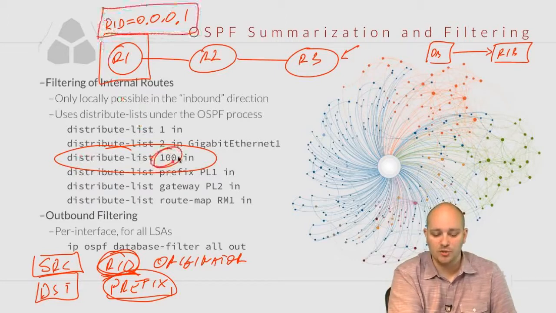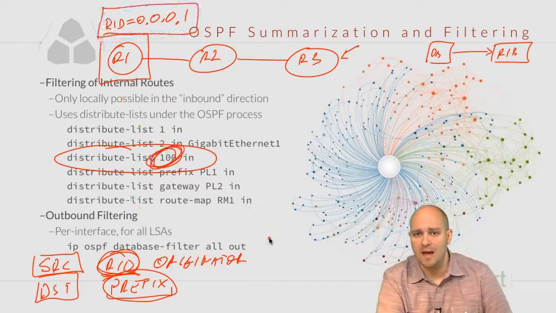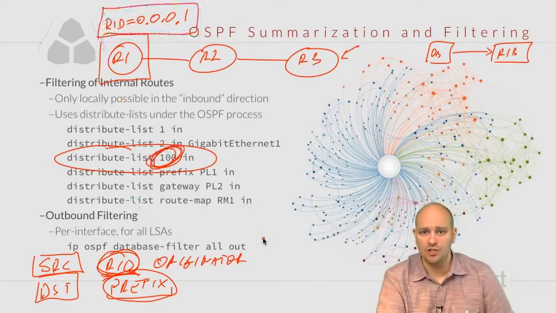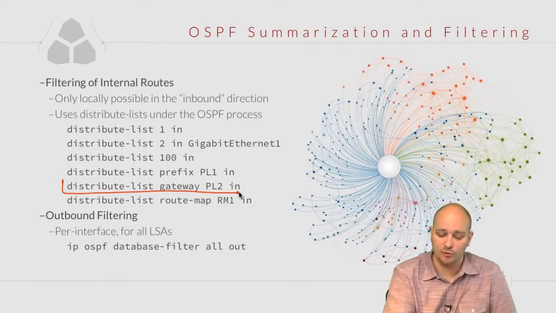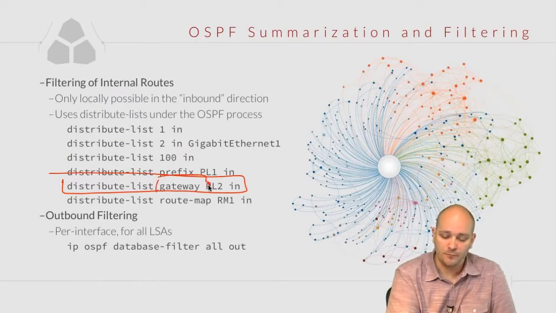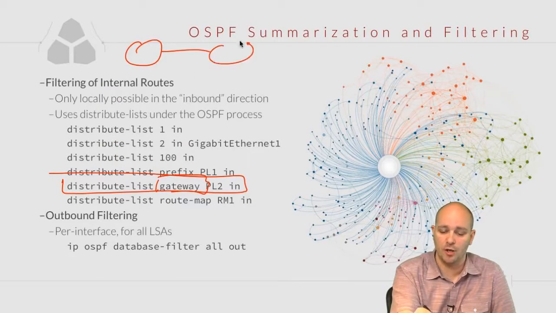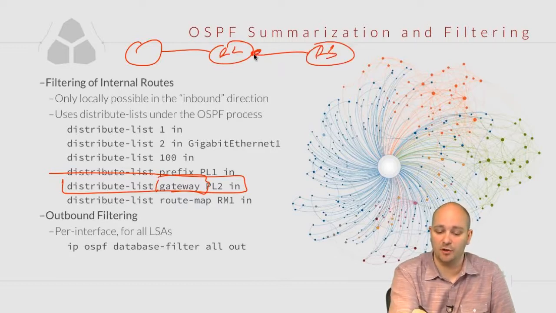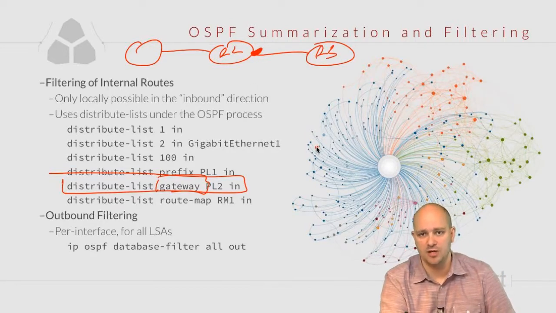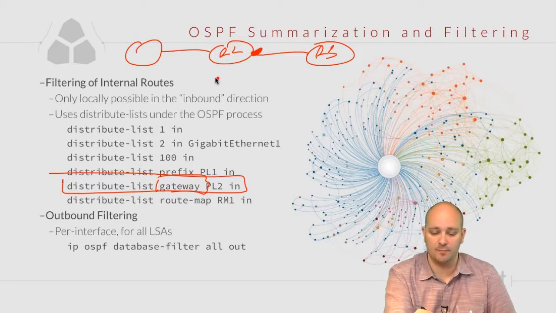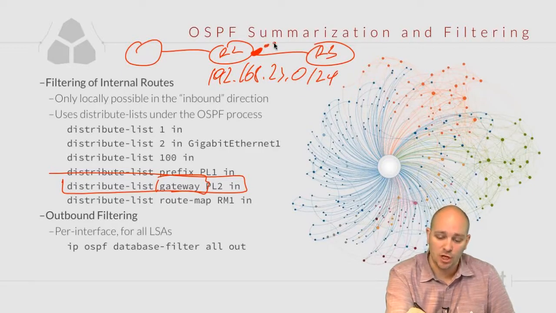So this is how we can use the extended access list to actually match the origin router ID of our route. On the other hand, using the gateway keyword here allows us in a similar scenario on, let's say, R3 here, to filter the routes if they, in their calculated form, have this IP address as next hop. So let's say that this was 192.168.23.0/24, and that this was .2 here.